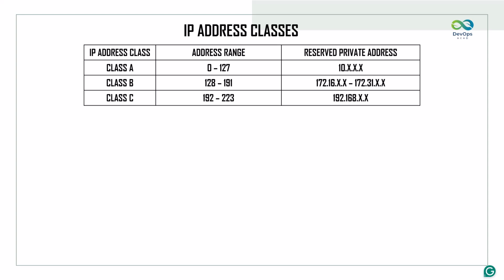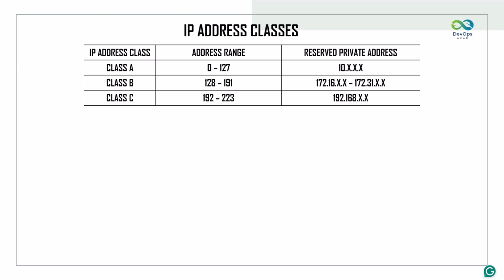They can just pick from these reserved IP addresses and allocate them to their systems within the organization, and these systems can then share resources between themselves. That is why you have public addresses and private addresses. For example, if you see an IP address that starts with 10, any address at all, you know that it belongs to class A, and in addition to that, it is also a private IP address.